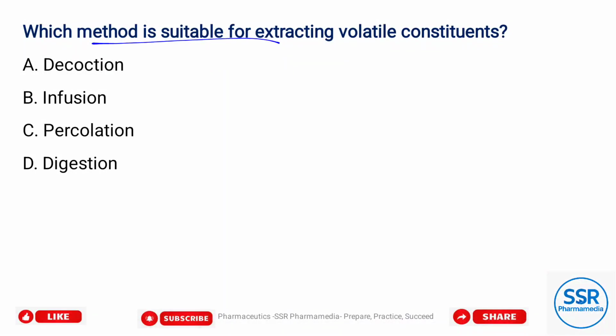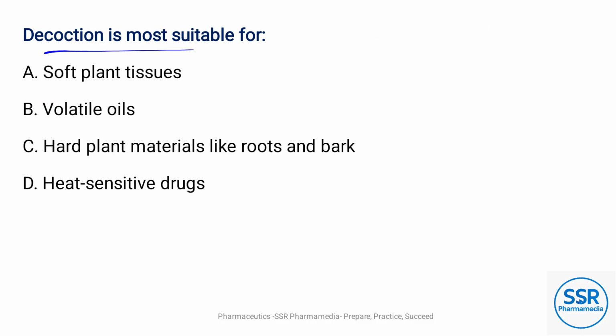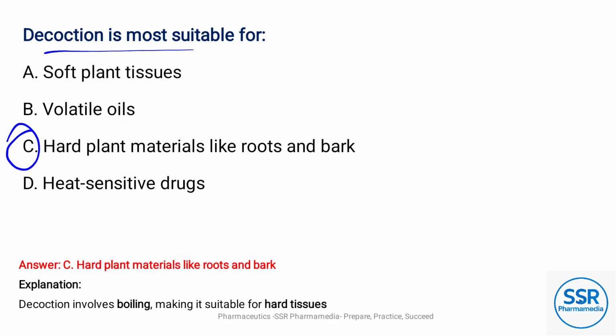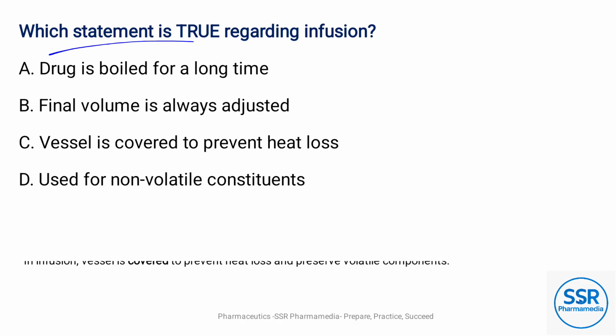Which method is suitable for extracting volatile constituents? So option B, infusion. Decoction is most suitable for option C, hard plant materials like roots and bark. Which statement is true regarding infusion?